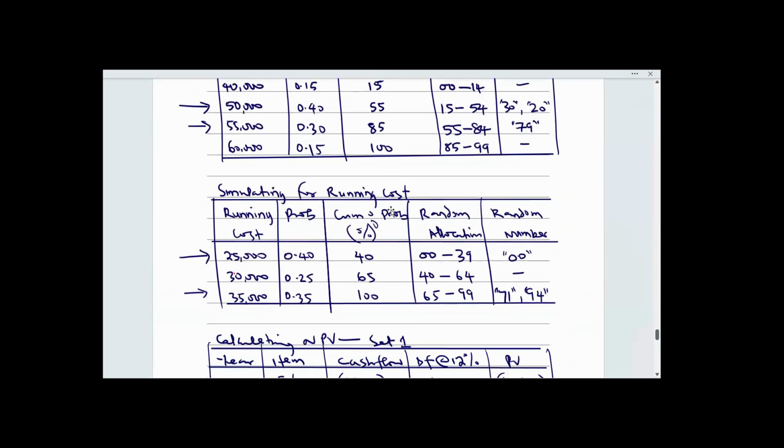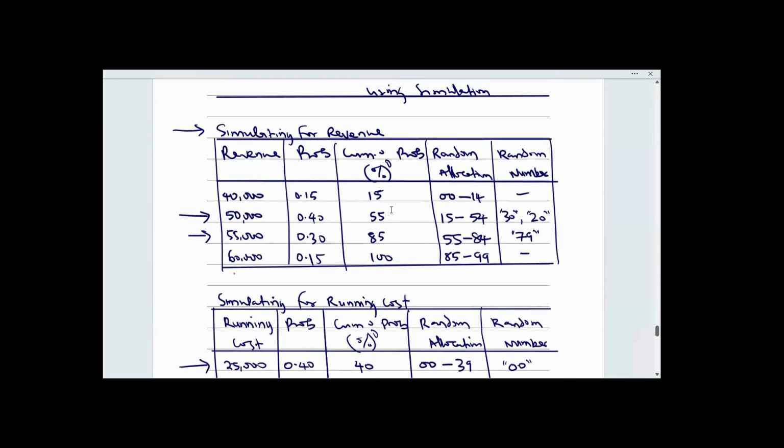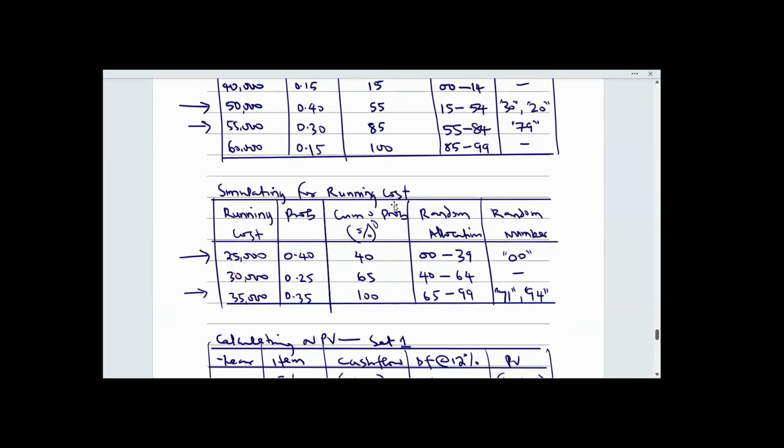Because we do not have tag number, we ignore that 30,000. Even in the revenue, the highest revenue is 60,000. Because we do not have tag number for it, we ignore it. So we are selecting our numbers on the basis of the random numbers given to us. So there's no way you can have optimal solution. The best you can get is near optimal or good enough solution.